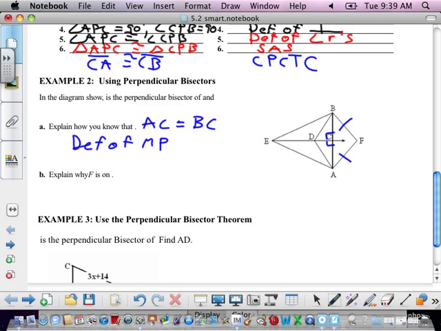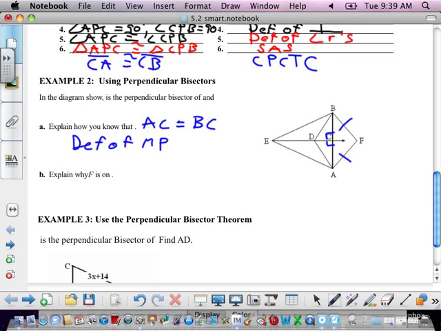Explain why F must be on EC. This line doesn't show that it continues, but if it continued, why must it go through F? Yes, Cole. EC is a ray and it keeps going forever. So EC keeps going forever.